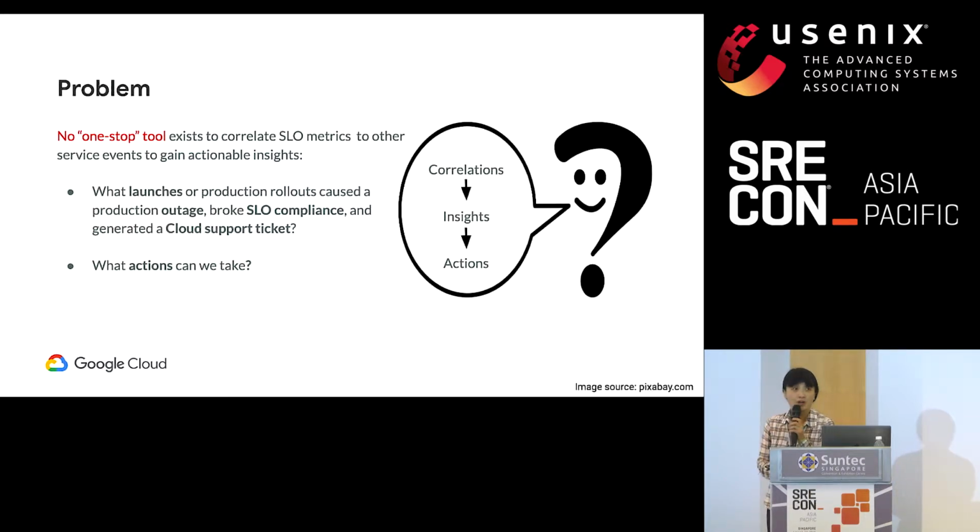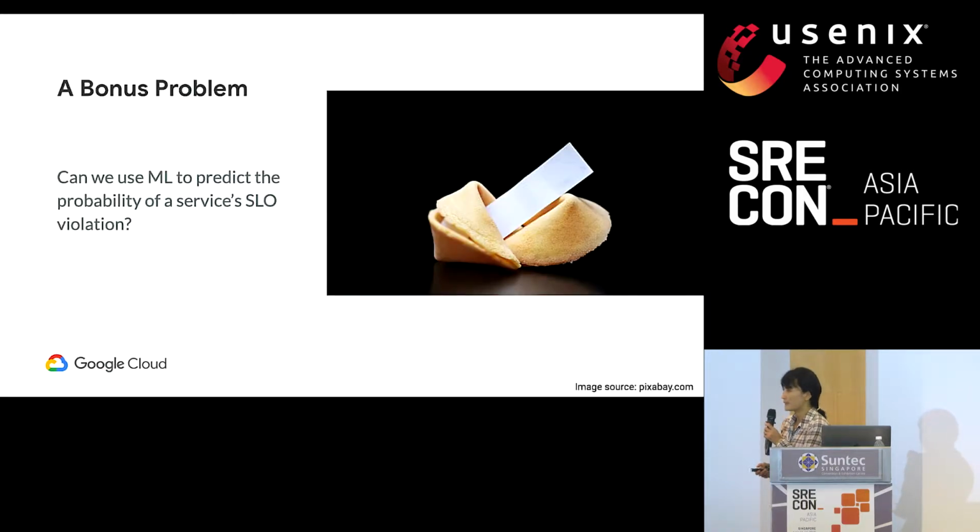After finding out the correlation, we want to take the next step to figure out what actions we can take to solve business problems. Going one step further, we also want to apply machine learning to predict SLO violation events.